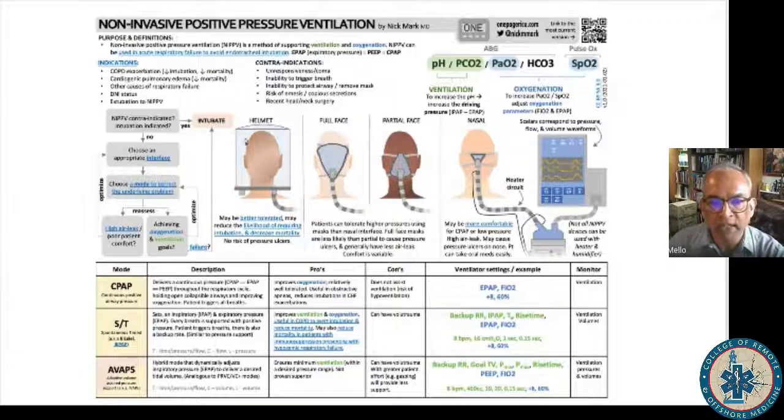There are many ways in which this can be delivered, either by a helmet, full face, partial face, or by nasal mask. And essentially what you're trying to do is trying to get the pH, the PaO2 and the PaCO2 within a normal range.